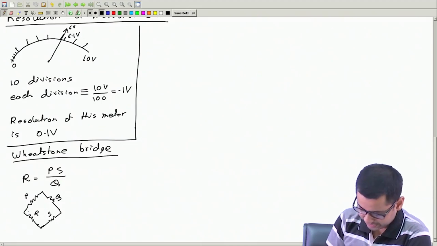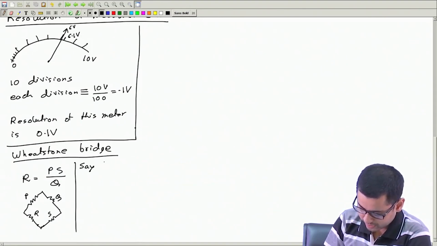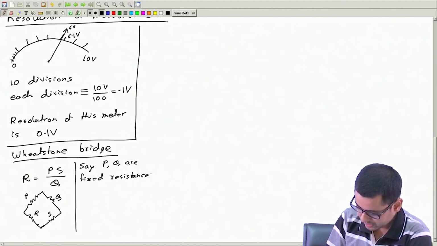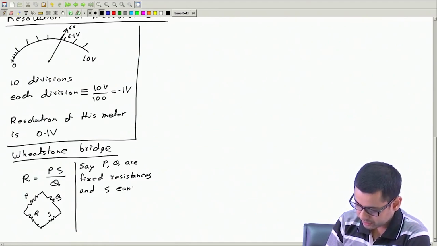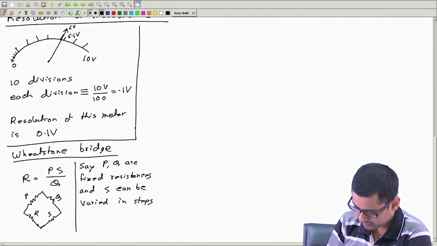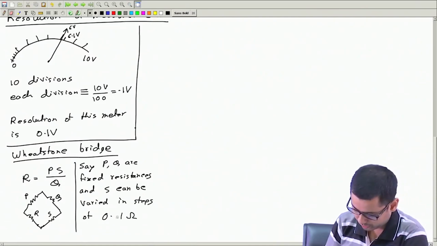Observe, suppose that P and Q are constant, fixed resistances, and S is a decade resistance box such that S can be varied in steps of say 0.01 ohm, or maybe say 0.1 ohm.